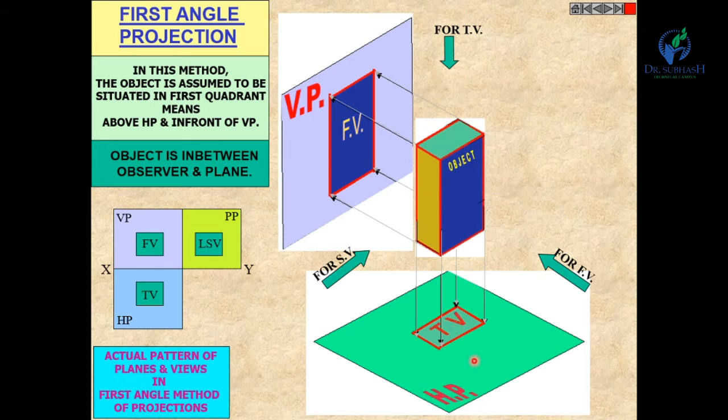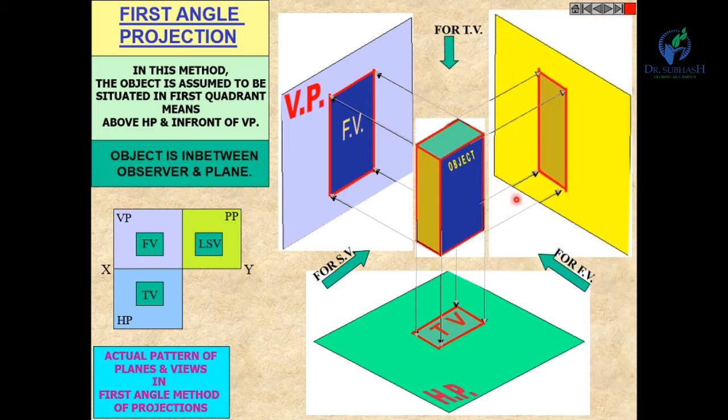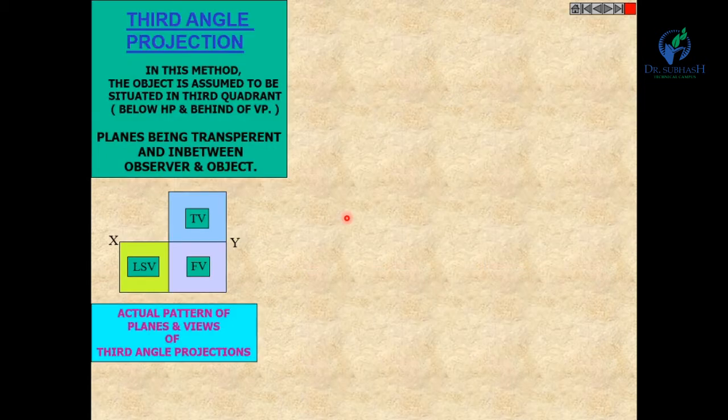Here also the object is in between plane and observer. Similarly for the side view, this plane is the profile plane and this view is known as the side view. In this case also the object is in between observer and plane. So in the first angle projection method, the object is in between observer and plane.